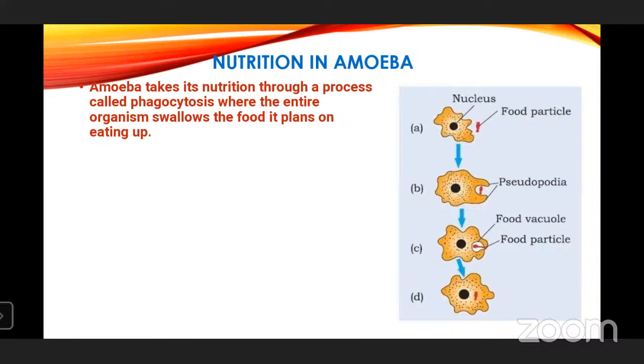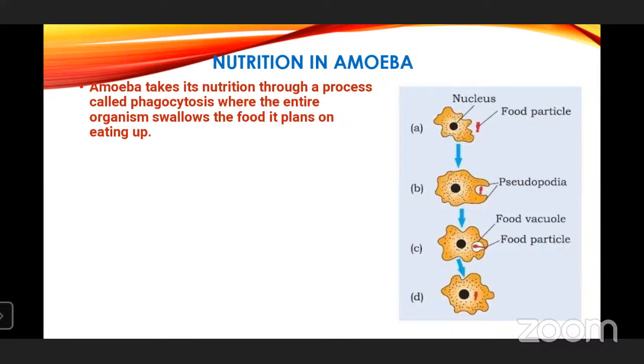Phagocytosis is where the entire organism swallows the food it plans on eating up. Yes, this is the process, dear students.